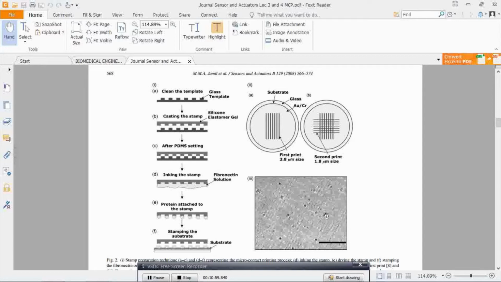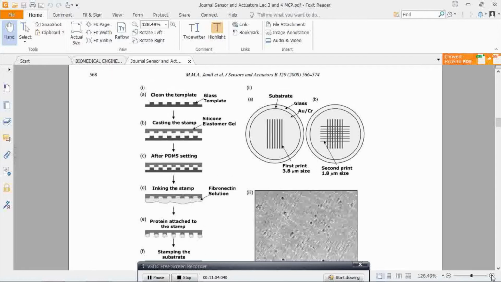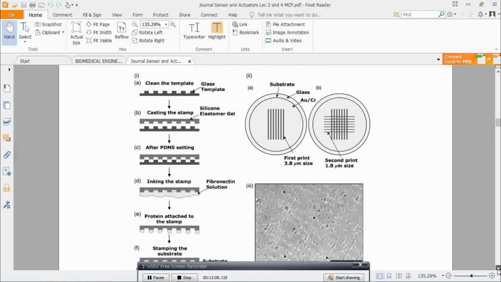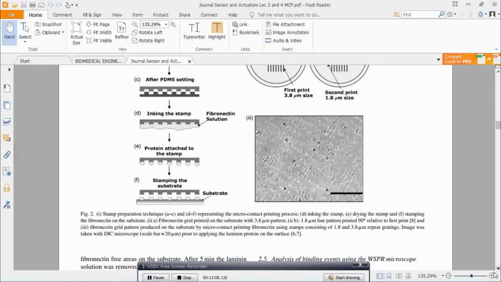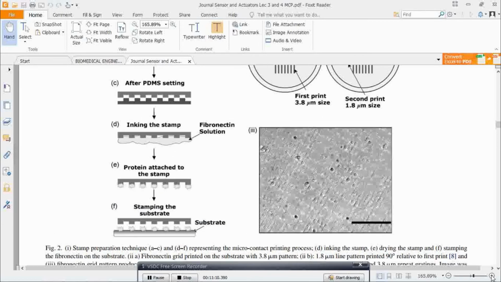That's what we saw when we took an image of the system with the normal optical-based microscope. You can see two directions. One direction, presumably, is the 1.8 micrometer line pattern, and the other way is the 3.8 micrometer.